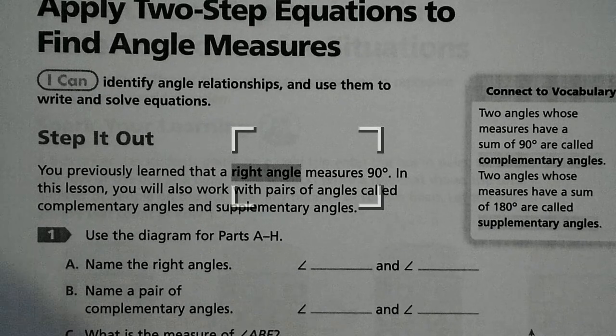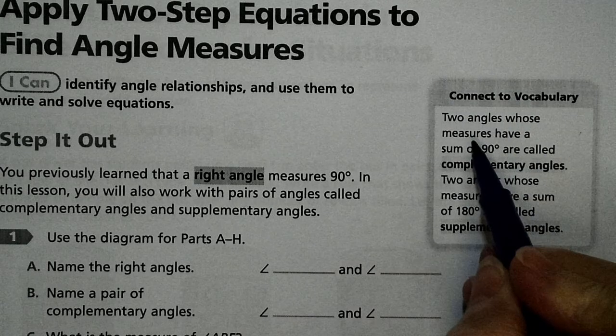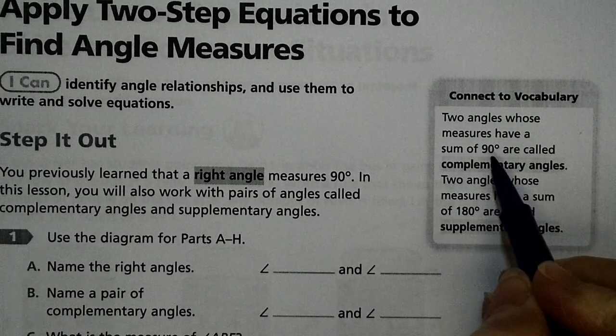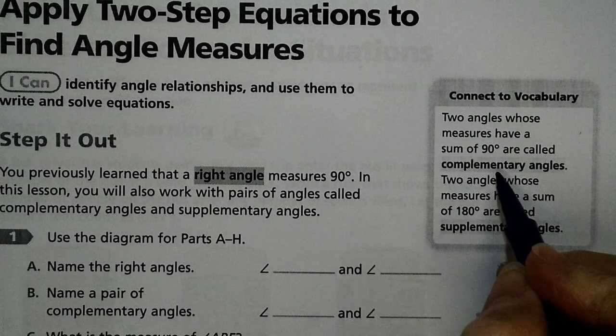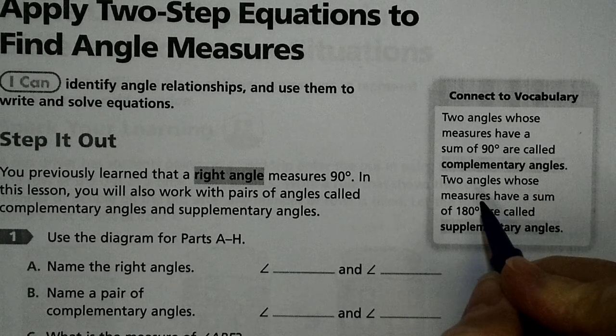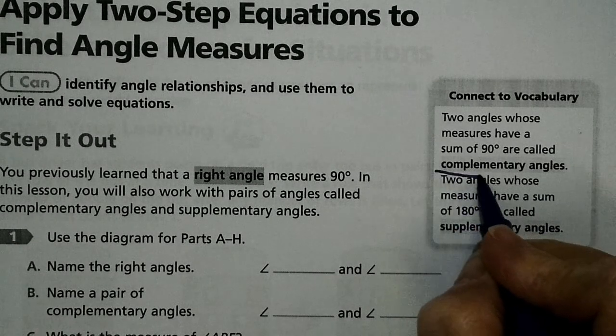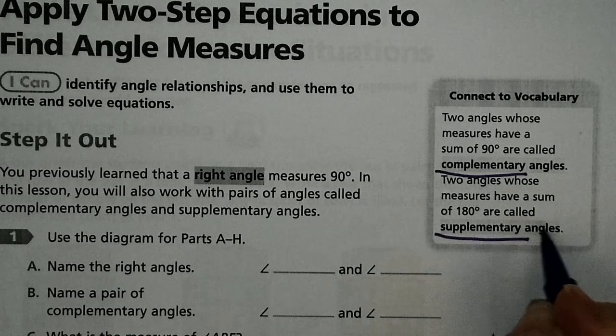All right, so let's look at our vocabulary. It says two angles whose measures have a sum of 90 degrees are called complementary angles. Two angles whose measures have a sum of 180 are called supplementary. So complementary and supplementary.